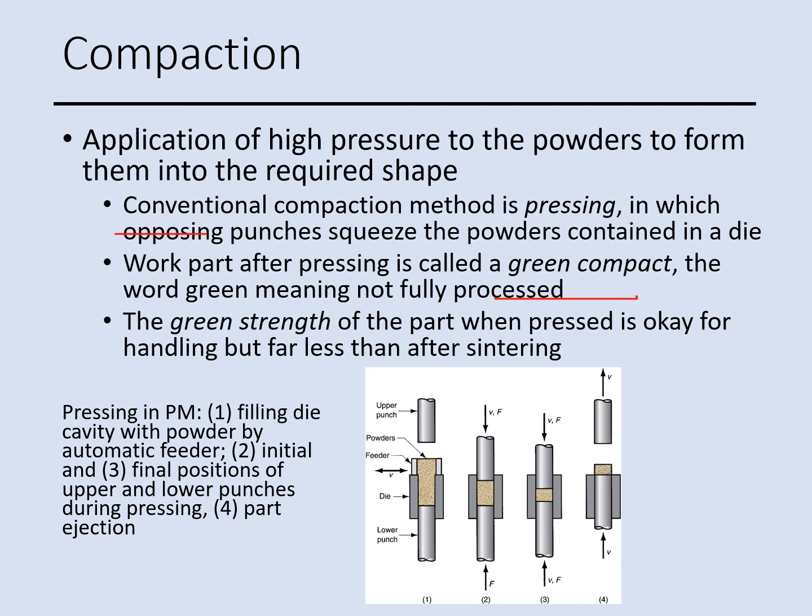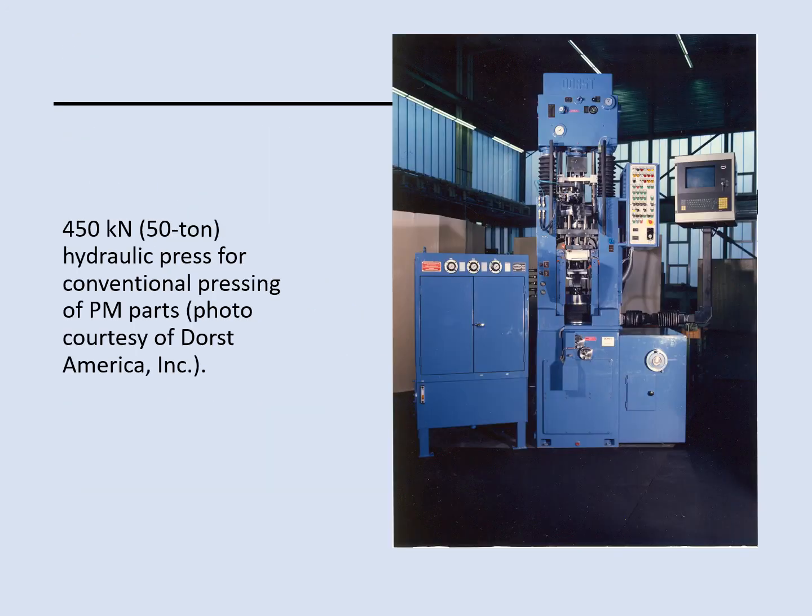It has to go through another step, sintering, and this part is very brittle, so it has to be handled with care. This machine is a hydraulic press used for powder metallurgy. The pressing step is done with this huge hydraulic press machine.